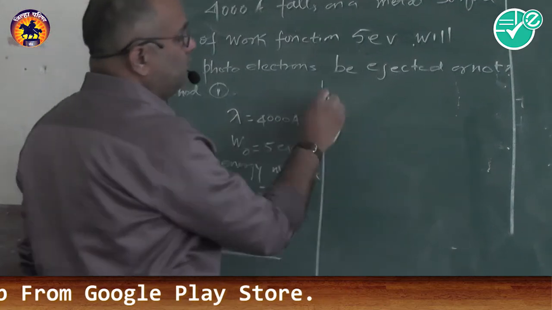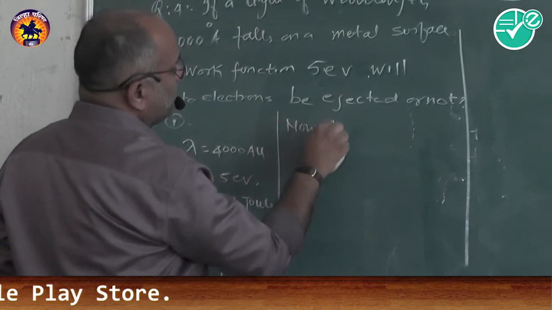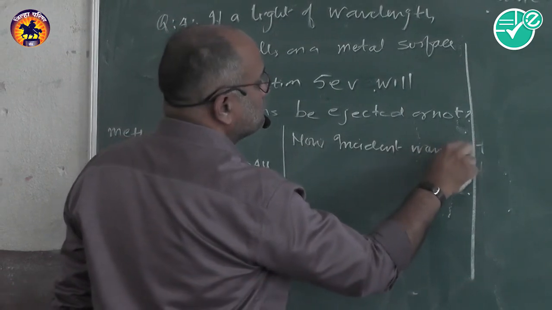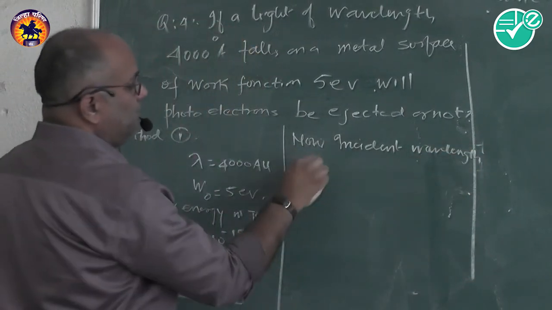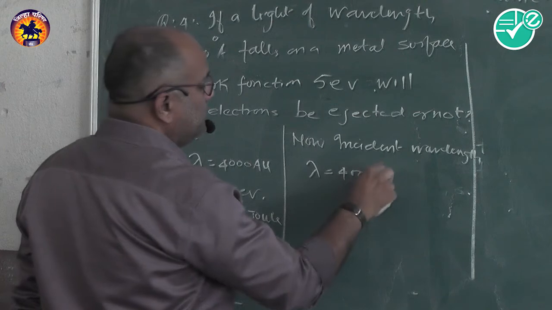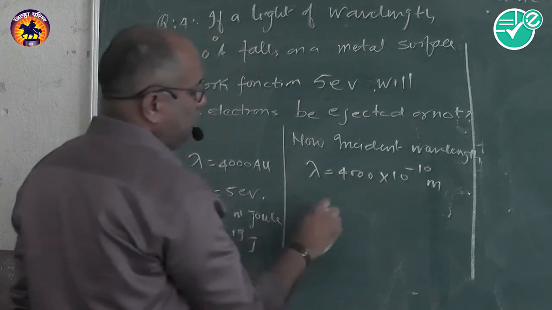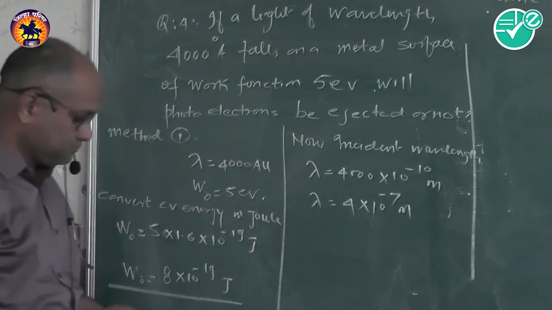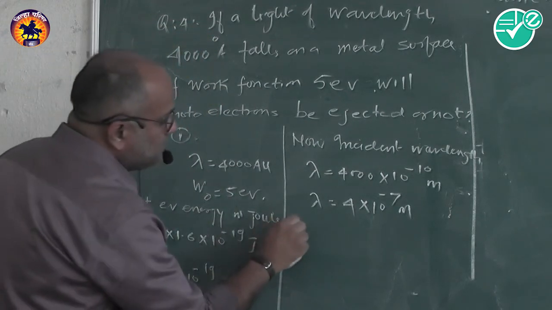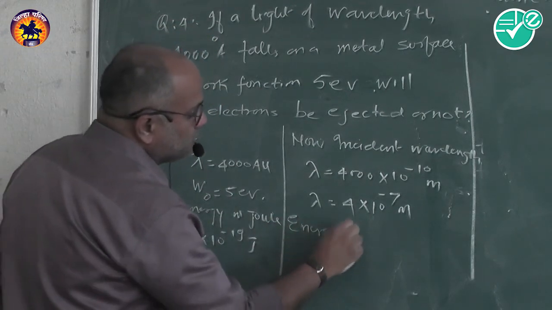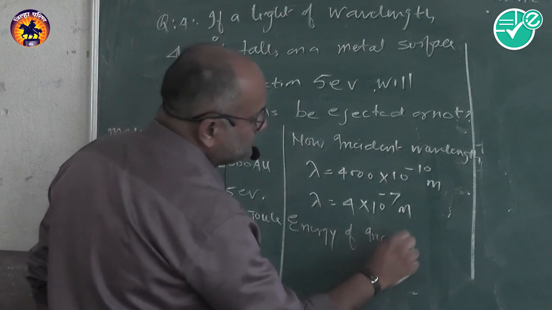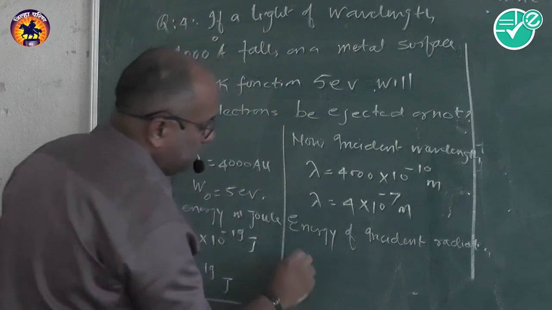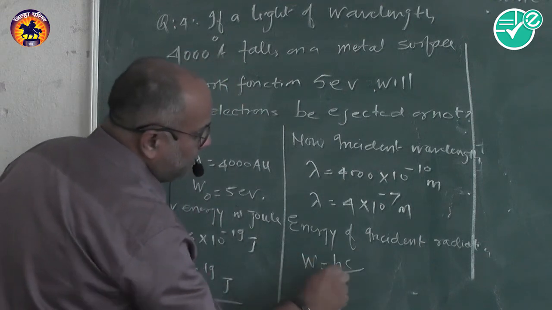Now wavelength is given. Incident wavelength lambda is equal to 4000 into 10 raised to minus 10 meter, or lambda is equal to 4 into 10 raised to minus 7 meter. Energy of incident radiation W is equal to hc upon lambda.